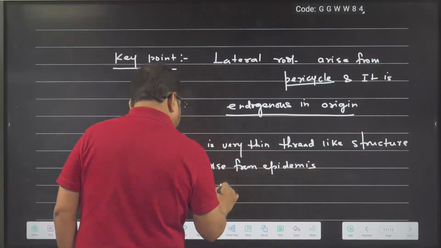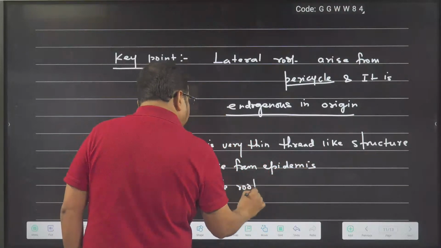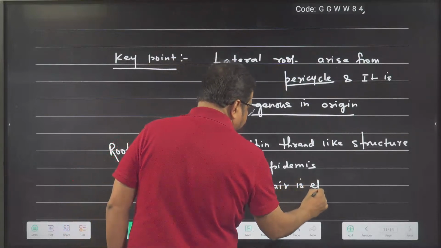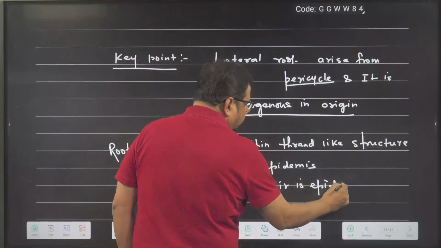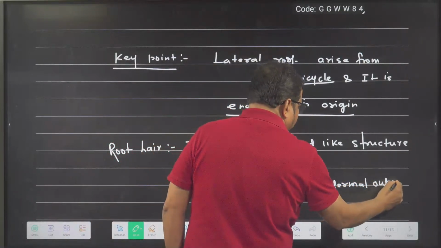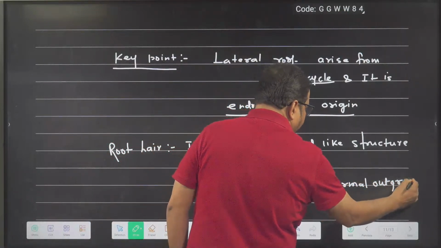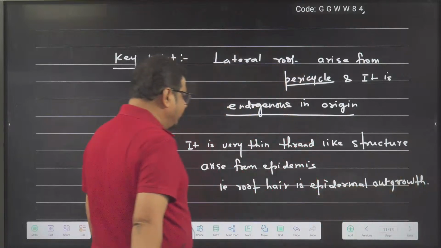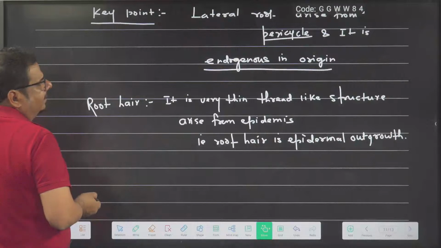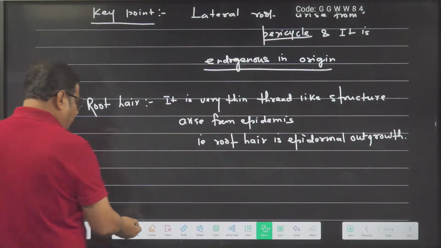So that is, root hair is epidermal outgrowth. Root hair is epidermal outgrowth. Are you getting the idea? It is a very thin thread-like structure arising from epidermis.